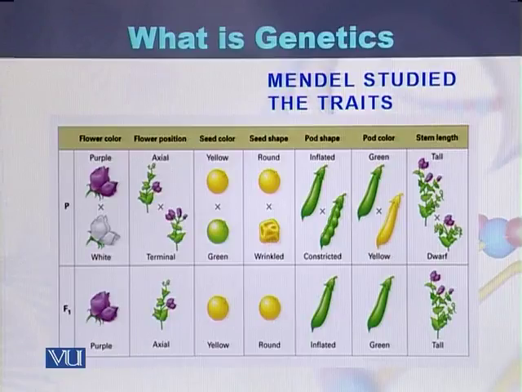The pod shape was inflated as well as constricted, and the color of the pod was green as well as yellow. Some of the plants were tall, and some were short. So these were all the characteristics present in the garden pea.